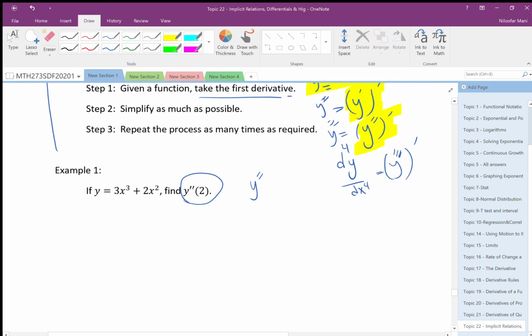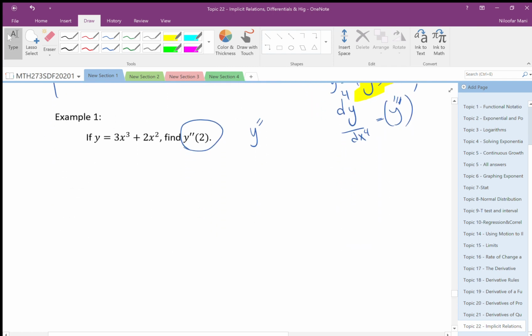Okay, so here I want to find that. Okay, so first step I have to find y prime. Okay, y prime is 9x squared plus 4x. Second step I have to find y double prime.